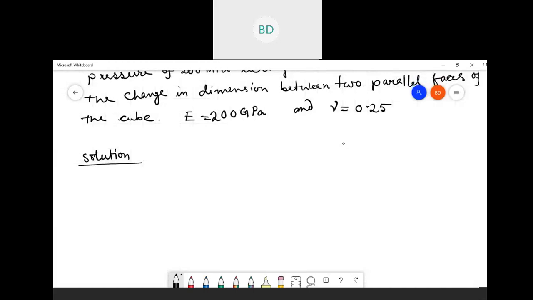The solution. So pressure is always a compressive stress actually. If you press something, that means it is compressive. Pressure is a compressive stress.